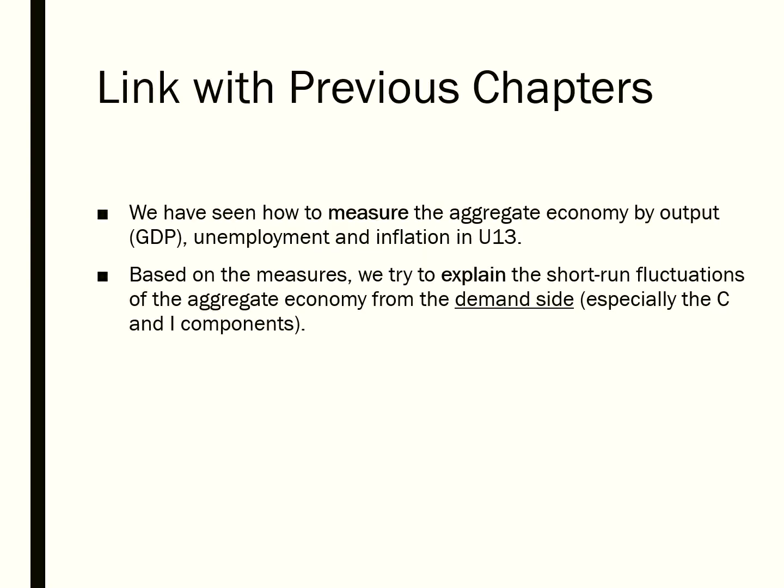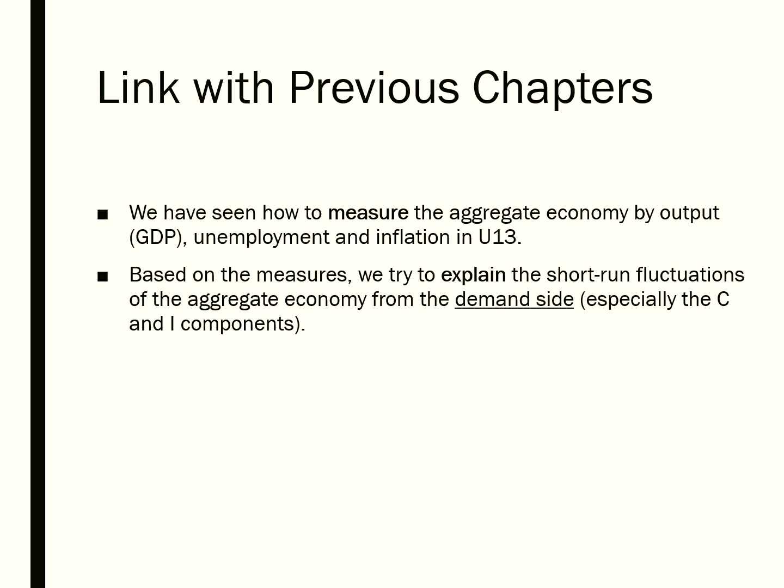In the last lecture, we discussed three key indicators of the macroeconomy. They are respectively GDP, unemployment, and inflation. We know that the output measure, GDP, can be decomposed into C, consumption, plus I, investment, plus G, the government expenditure, plus NX, the net export, on the demand side.